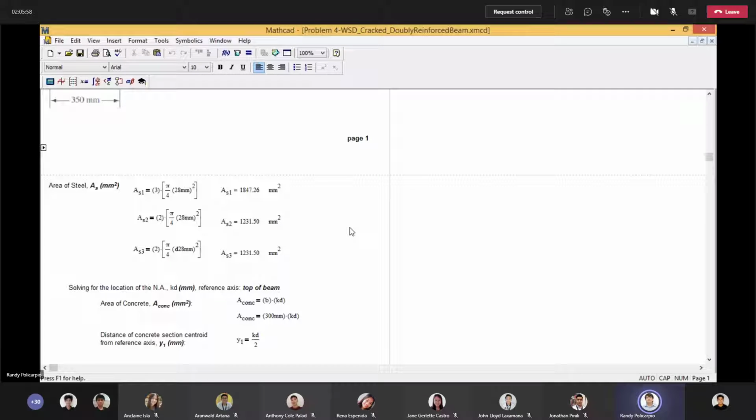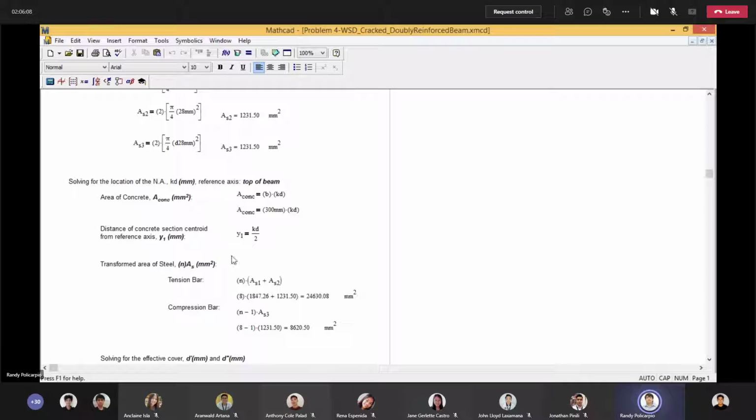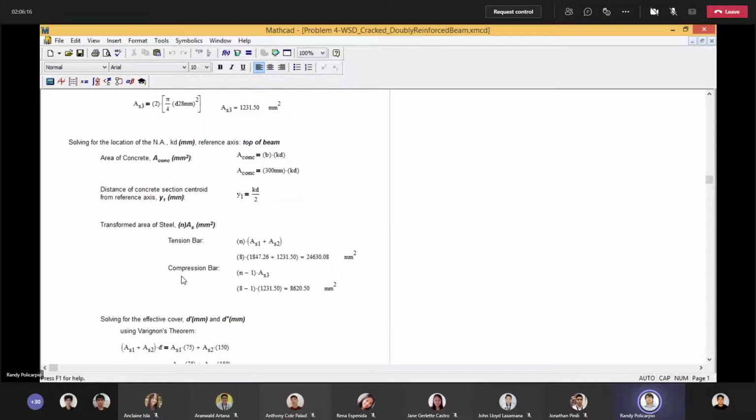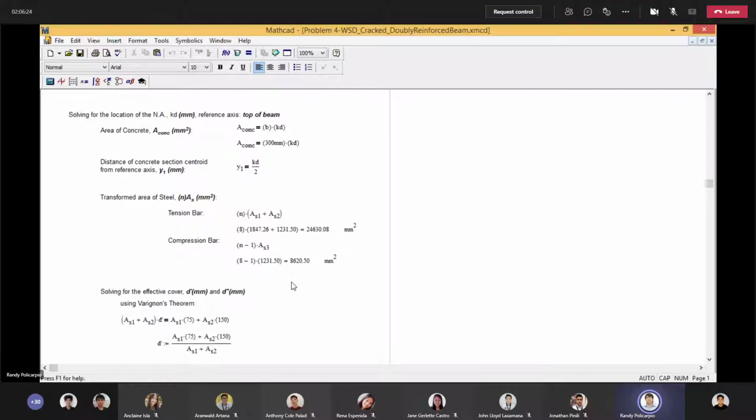So eto ngayon, area ng steel, area of the concrete, then the location of the centroid of the concrete with respect to the top, so KD over 2. Now for the tension bar, ito yung area natin, do sa compression bar, ito naman yung area natin.